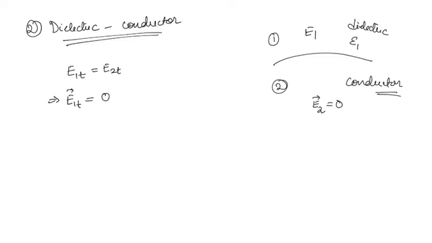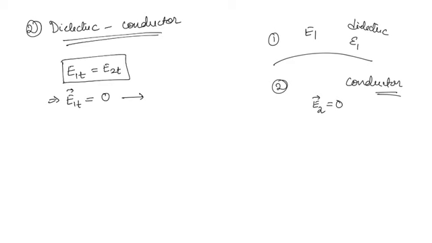Directly, you can just take the final formula. This was the dielectric condition, but since E2t is 0 here, E1t will also be 0. And similarly the tangential component of flux density will also be 0. So this is for the dielectric to conductor medium.